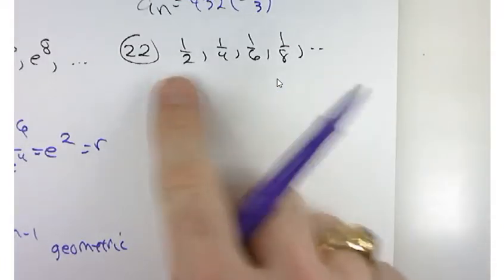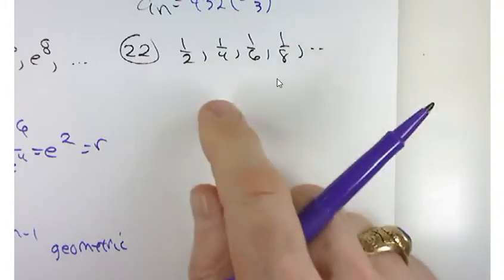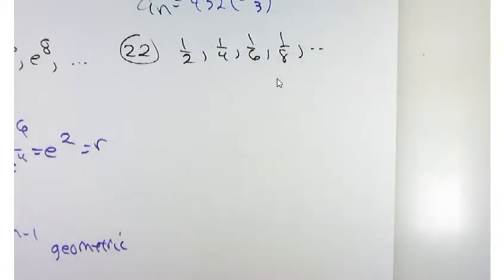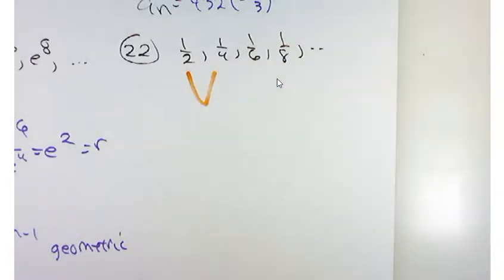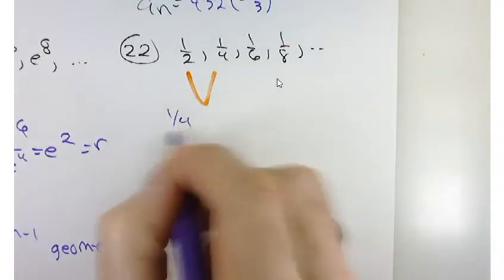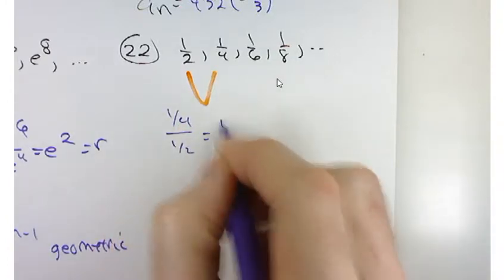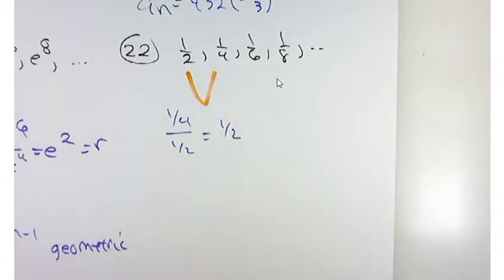How about problem number 22? Are you multiplying by the same thing to get from one term to the next here? No. You should be able to convince yourself of that pretty quickly. If you look at the first pair of numbers, 1/4 divided by 1/2 simplifies to 1/2.